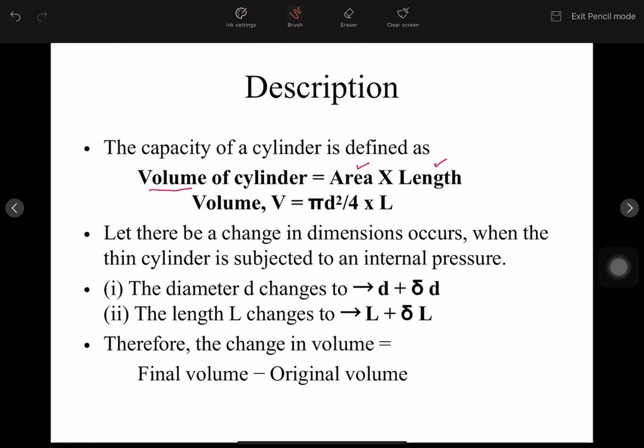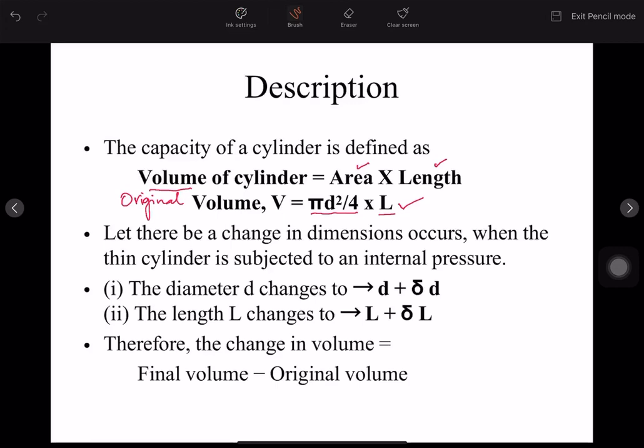Here our cross section is circular, and we have the area as pi d square by 4 into length. So this is our original volume or initial volume.